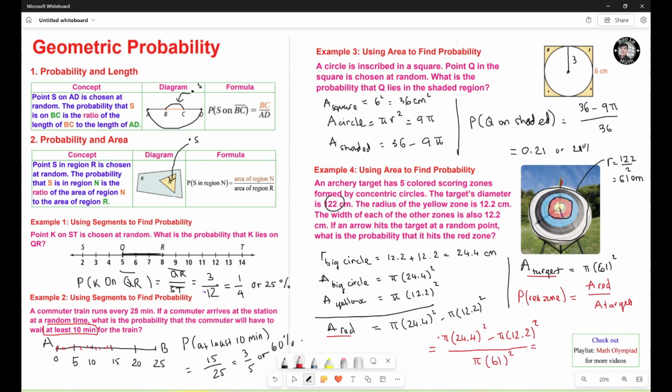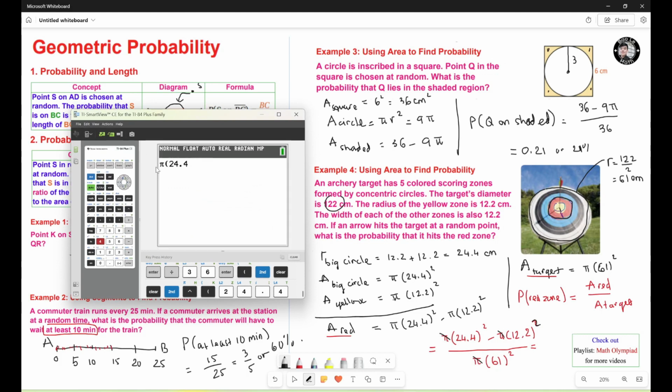For this one, I just factor pi out and cancel pi right here, and I'm going to end up with 24.4 squared minus 12.2 squared, divided by 61 squared.